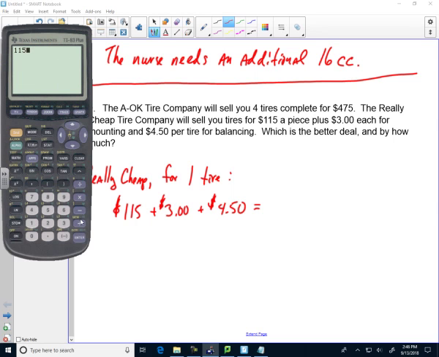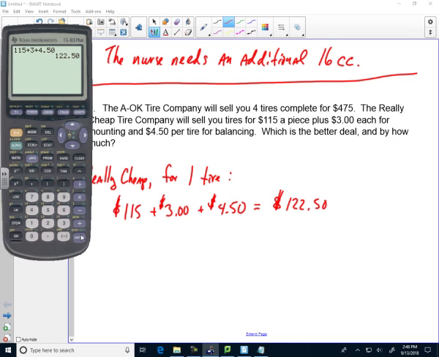115 plus $3. Three's all I need there, isn't it? Plus $4.50. I should put all the decimal places in there. So what y'all get? 122.50.